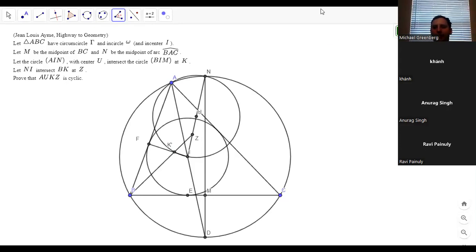On his website he has a bunch of PDFs, and this is just one of them. So let me send the link to it. There's a link to it.